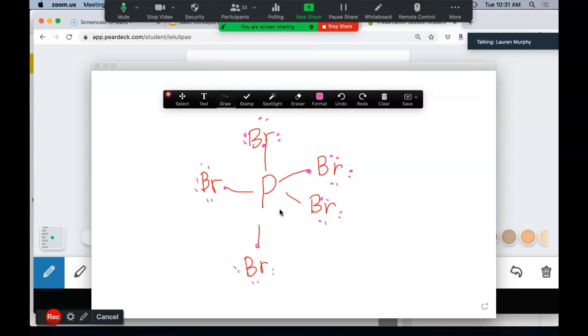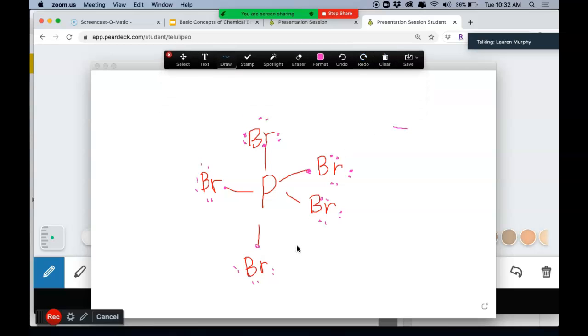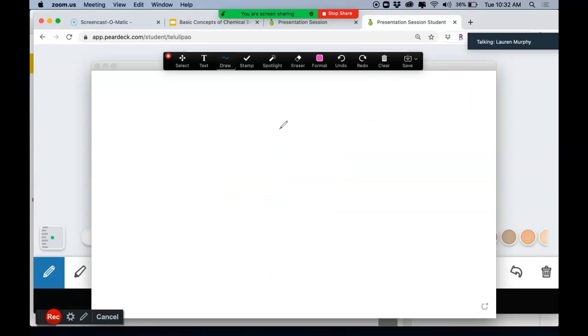Okay, so having said that, I'm going to redraw this. I highly suggest you don't start doing this until you get very good at drawing Lewis structures. Lone pairs can be represented by a line. So here's what I mean. PBr5, Br. Once you get good at this, you'll probably be able to tell how many lone pairs everything has. Each bromine has 3, right?